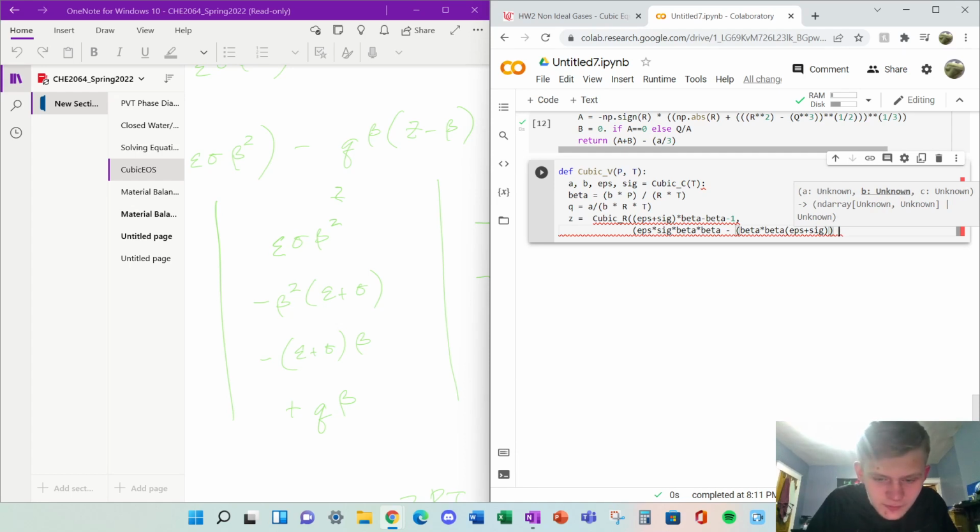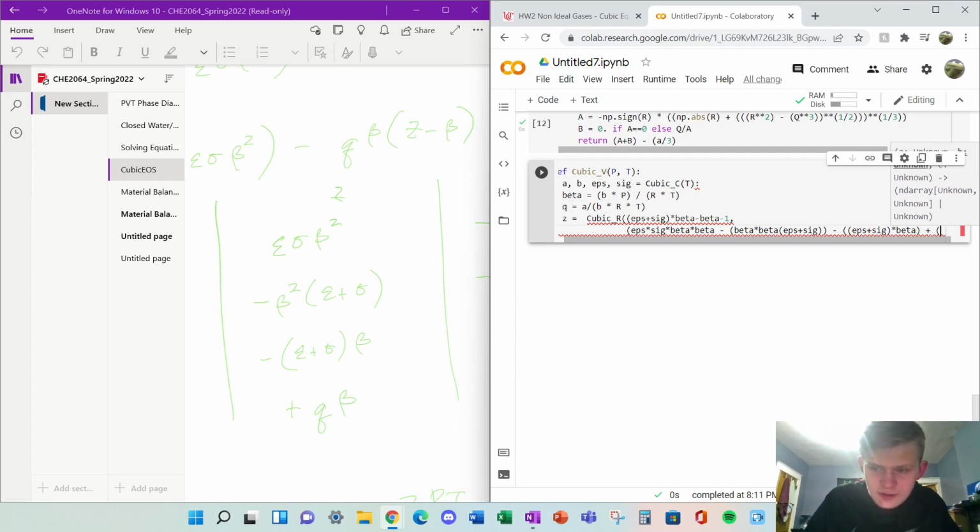We'll separate that off again. And then we'll go on to our next function, which will be our epsilon value plus our sigma value. And we'll have that whole set multiplied by our beta value times beta. And then we'll have our next thing set by our Q value, which we have up above.